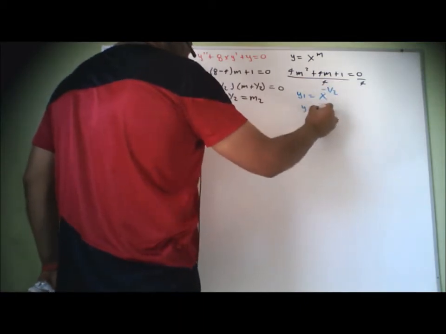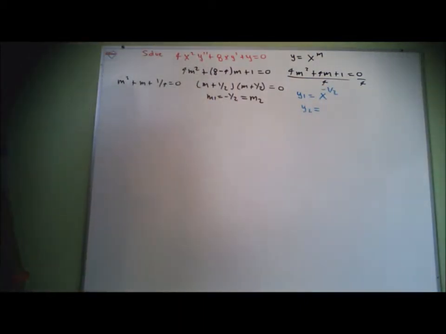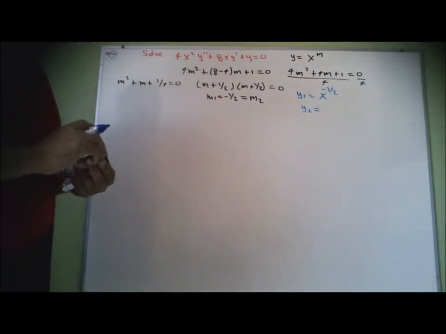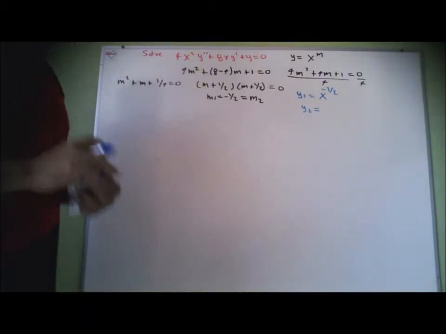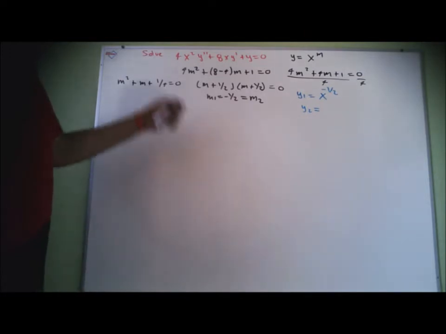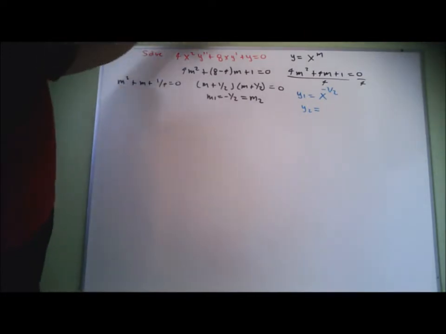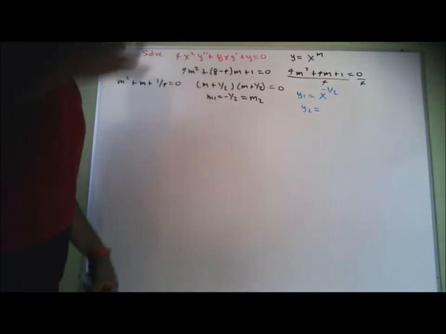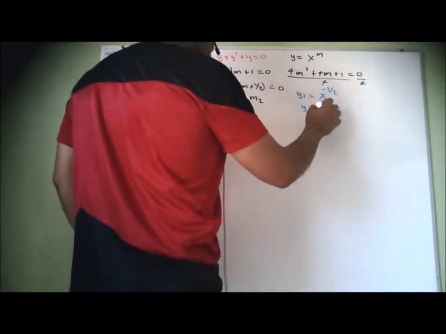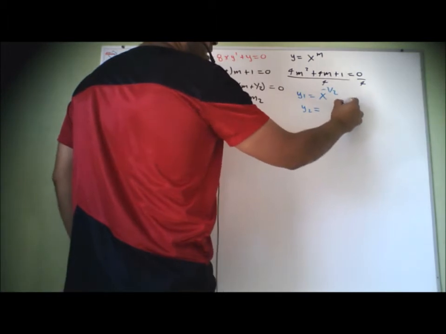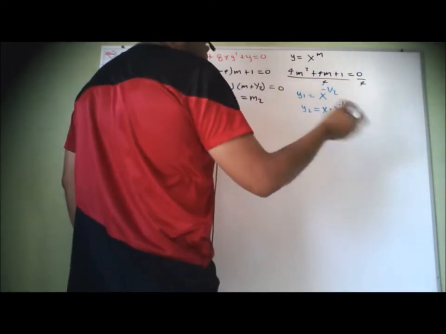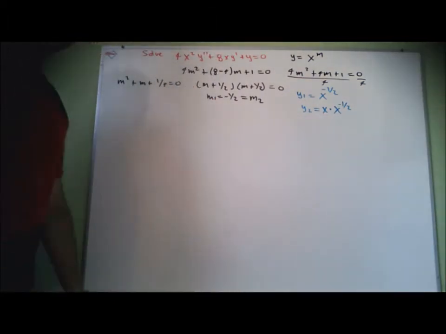And what about the second solution? I cannot use the same number because that will make it a linearly dependent solution. So in the previous videos, when we had constant coefficients and my solution was the exponential of mx, the fix was only to multiply. You take the same first solution times an x, and that makes it the second solution.